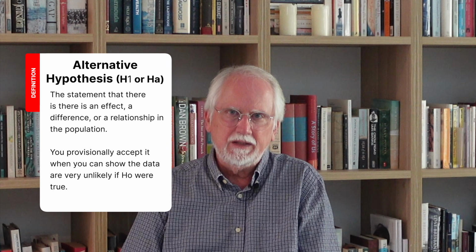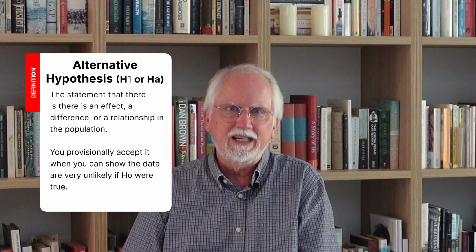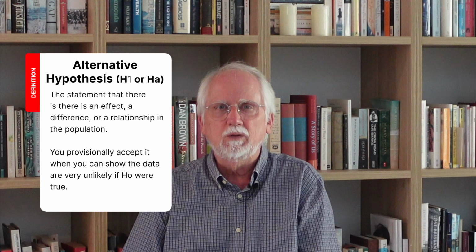You provisionally accept the alternative by showing that the data are very unlikely if the null were true. So the logic is, assume the null is true. Look at your data. Ask, how surprising is this data in the null world? If the answer is very surprising, you reject the null and provisionally accept the alternative.